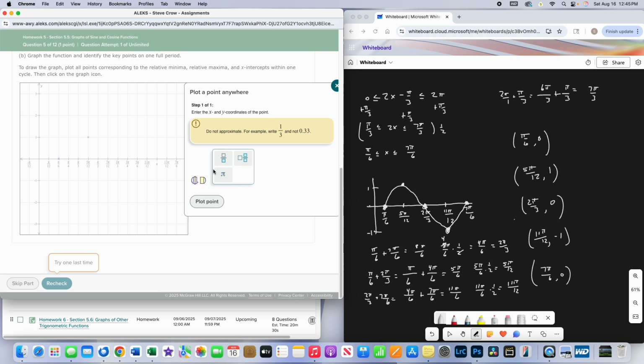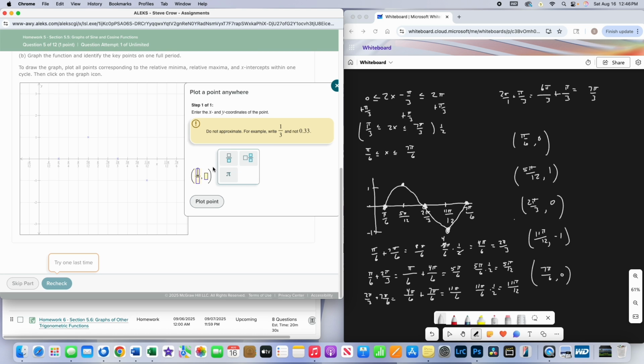And then the next one, we've got 2 pi over 3, 0, plot point. And then the next one, we've got 11 pi over 12, negative 1, and we'll plot that point.